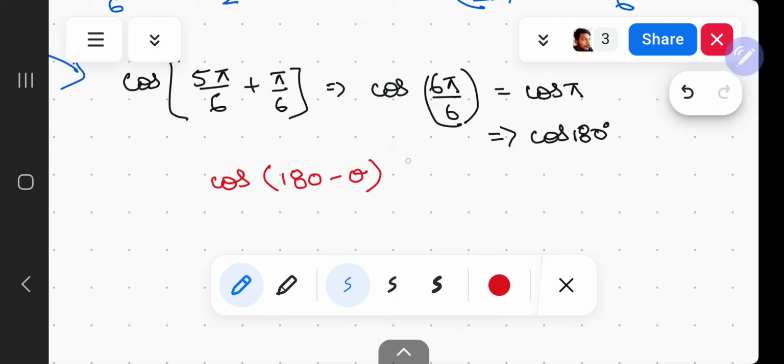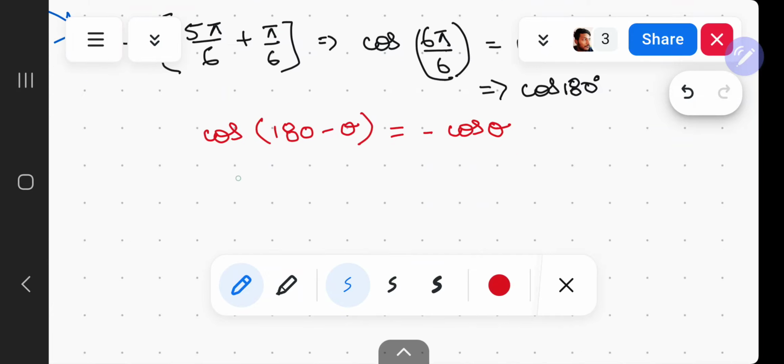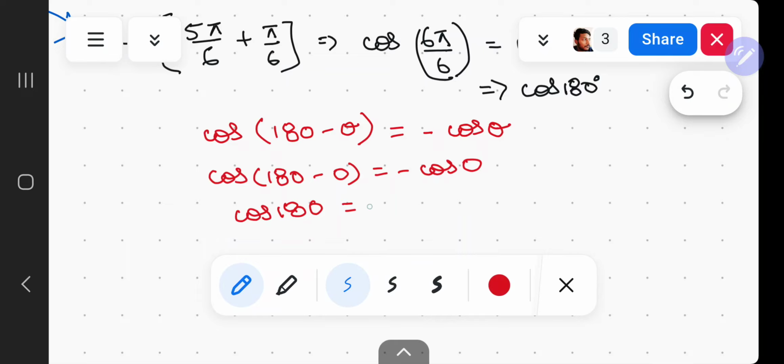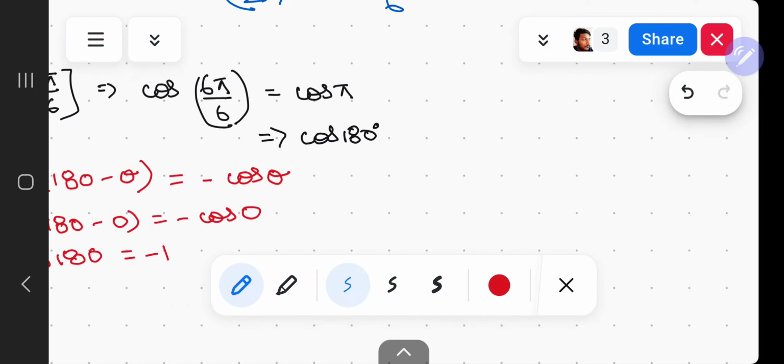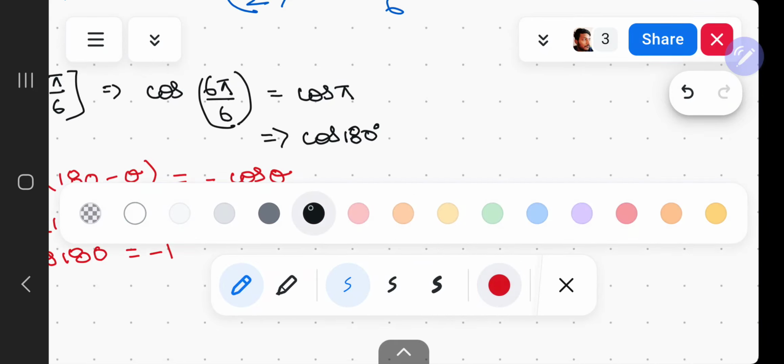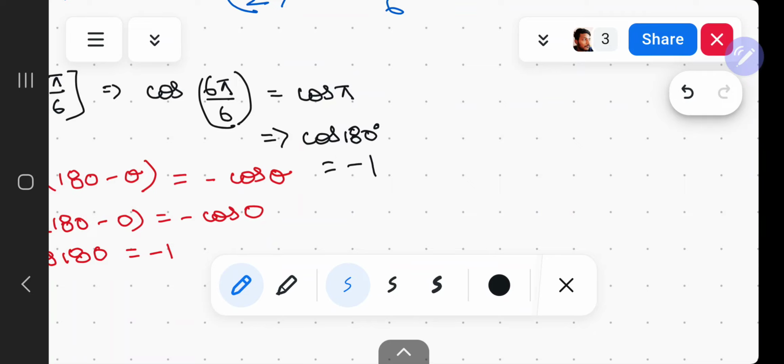To find the cos of obtuse angles, we have to apply this formula. So that will be cos 180 minus 0 is equal to minus cos 0. So cos 180 will be equal to minus 1. So the answer will be minus 1. So that's our answer.